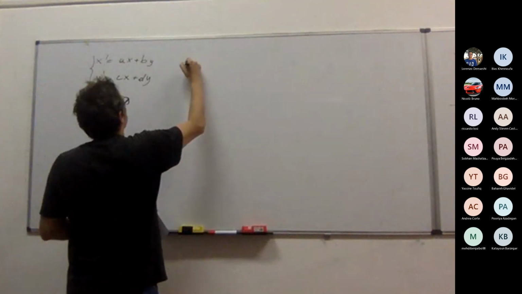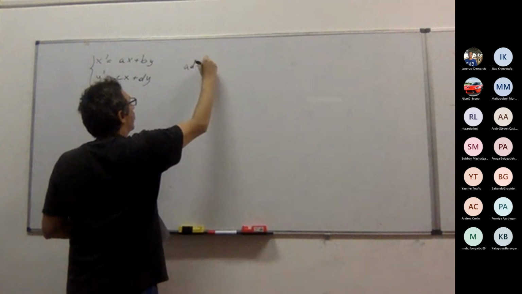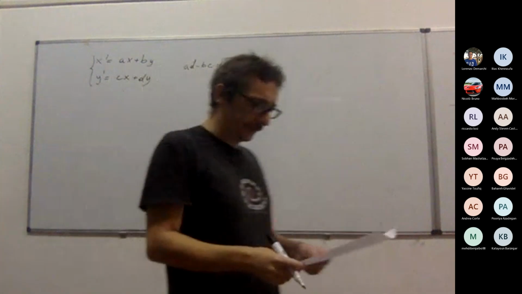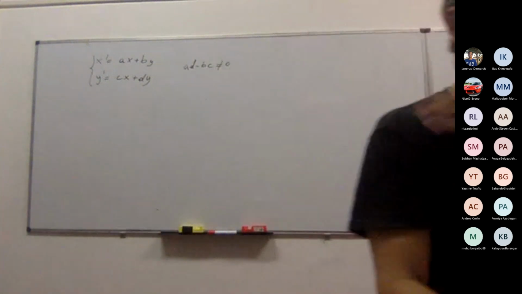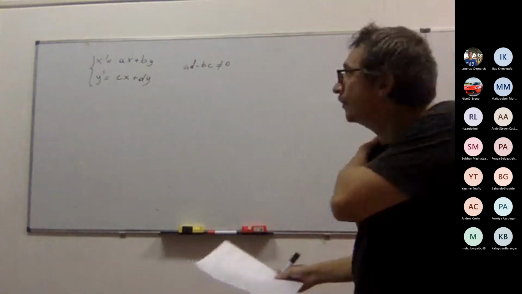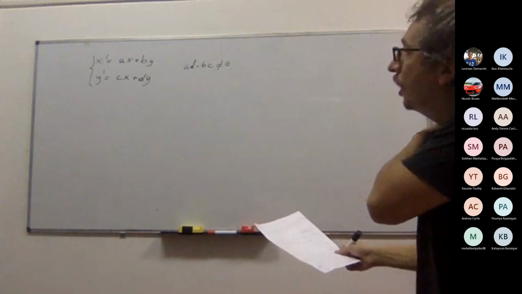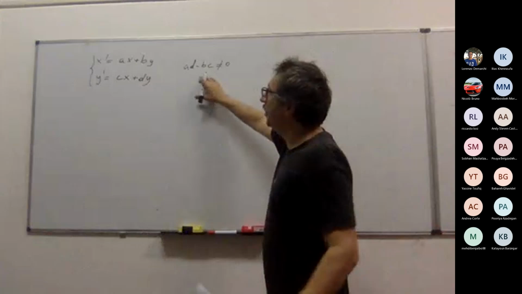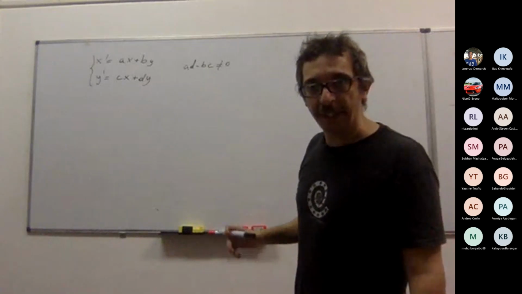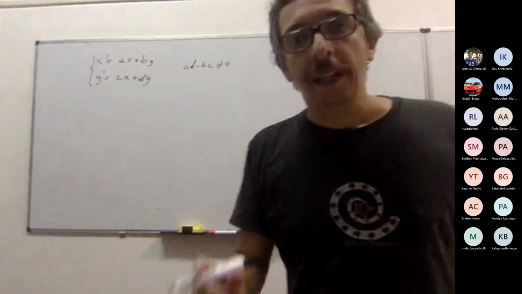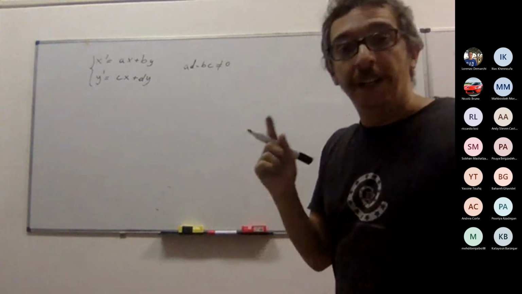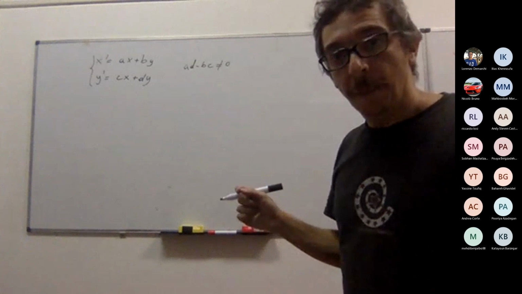Let me assume that AD minus BC is different from 0. Basically, probably you can already understand why I'm assuming that. The idea is that this allows me to say that there is for sure a critical point in 0, 0.